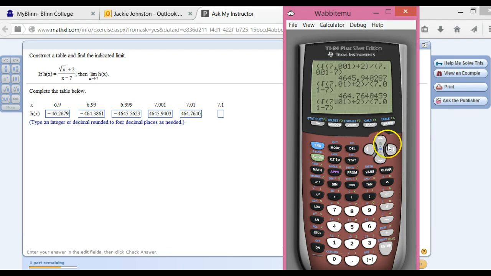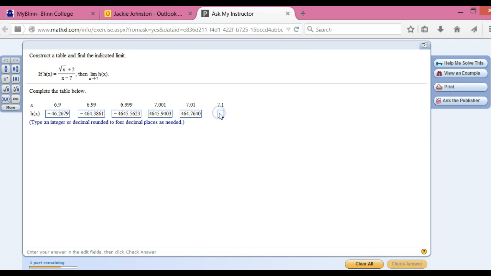And I'm going to delete that last 0, so it is 7.1. Enter. And I get 46.6458. So I have 46.6458. Okay, so we have all our values.